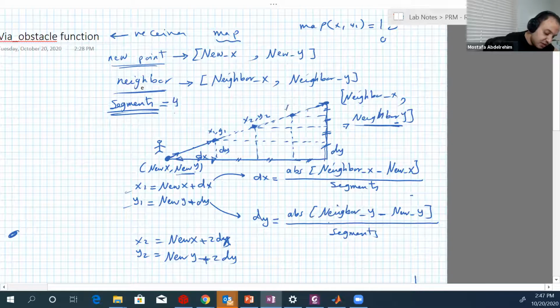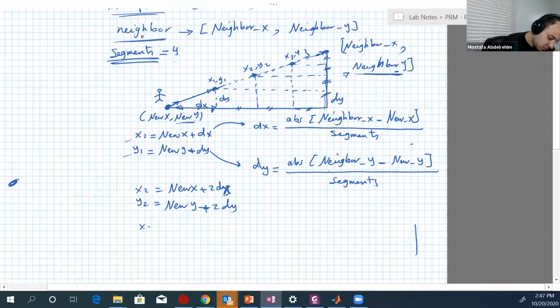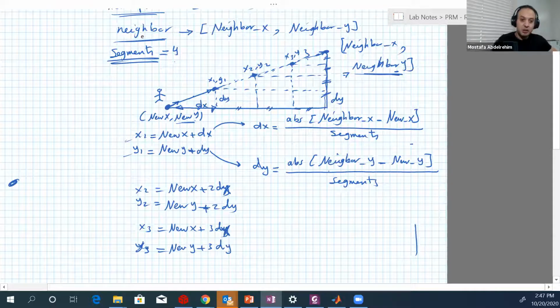and x3, y3: new x plus 3 dx, y3: new y plus 3 dy.